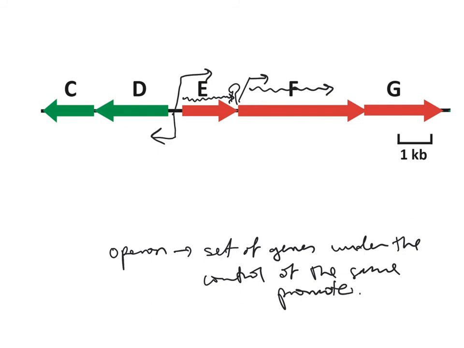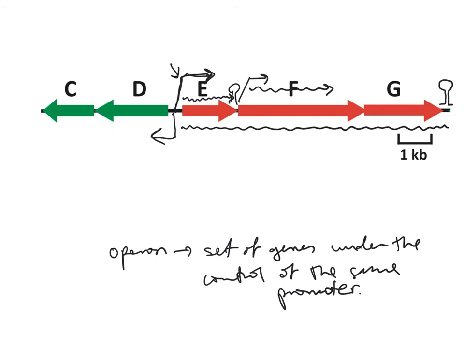So it's quite possible that these three genes shown in red could all be transcribed as a single operon, in which case there'll just be the one promoter, the one I've shown here, in front of E, and one transcription terminator following G. And they'll all be transcribed together on the same mRNA message, which will run all the way through there.